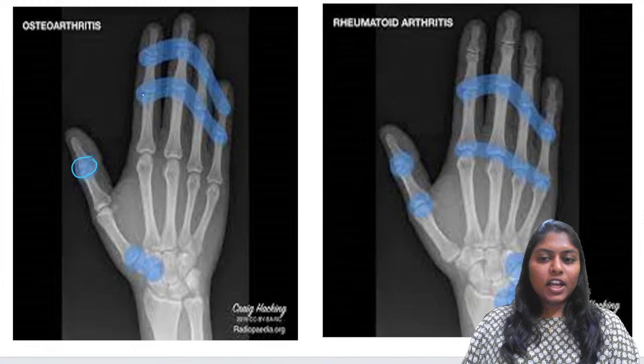The proximal interphalangeal joints and distal interphalangeal joints are involved in osteoarthritis, and also the metacarpophalangeal joints are involved. In rheumatoid arthritis, for the thumb, the distal and proximal interphalangeal joints are involved, and for the rest, the metacarpophalangeal joints and proximal interphalangeal joints, the ulnar side of the carpal and radio-ulnar aspect of the wrist joint are more involved.